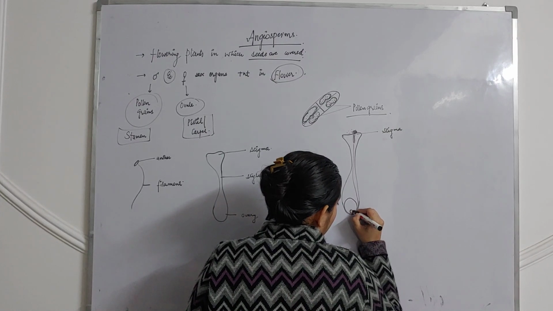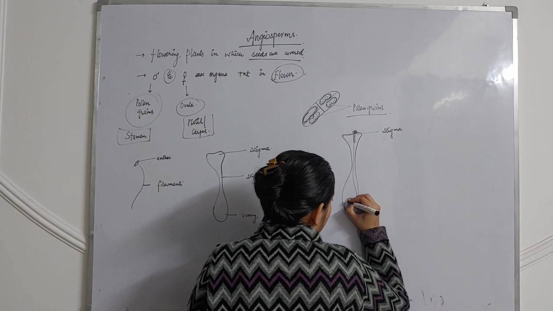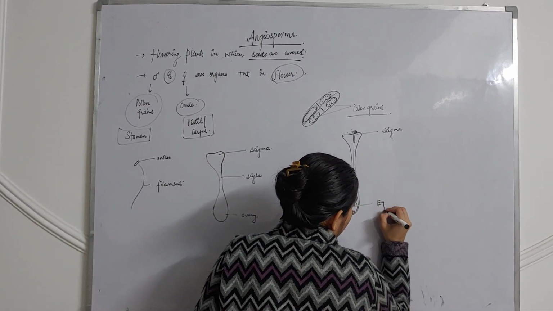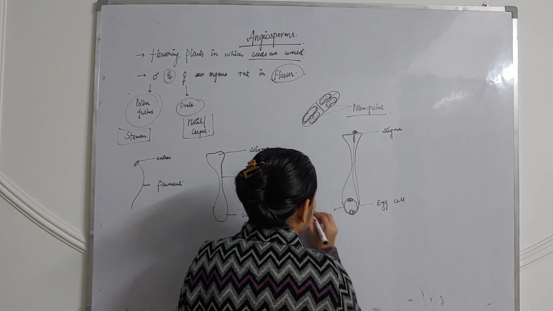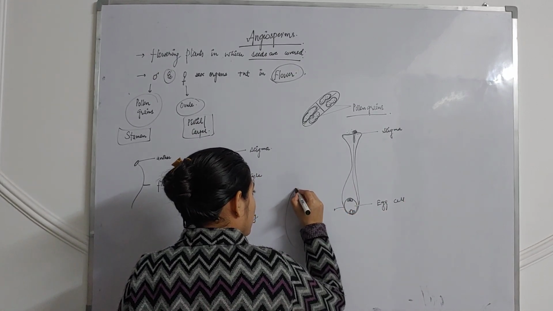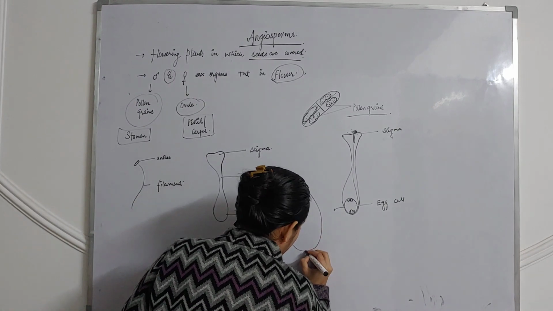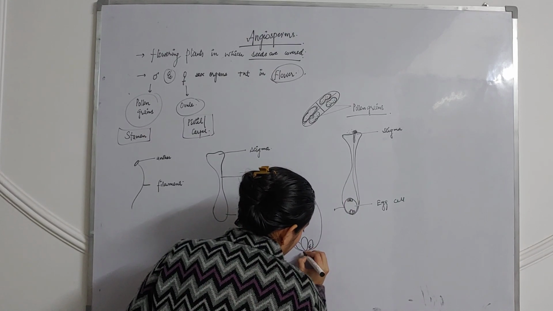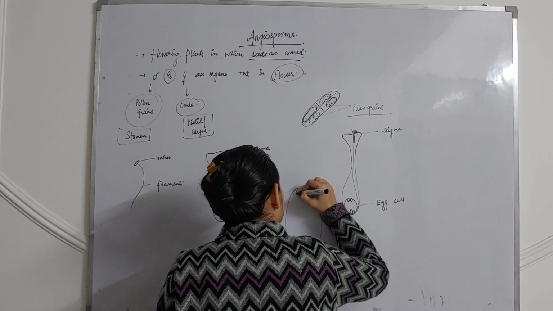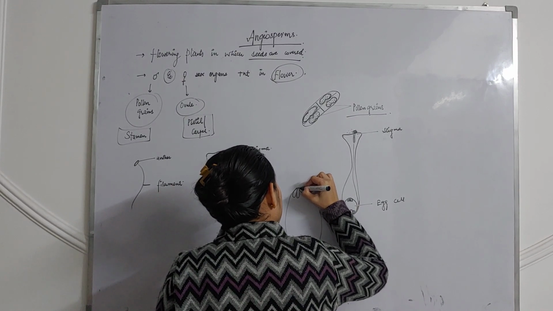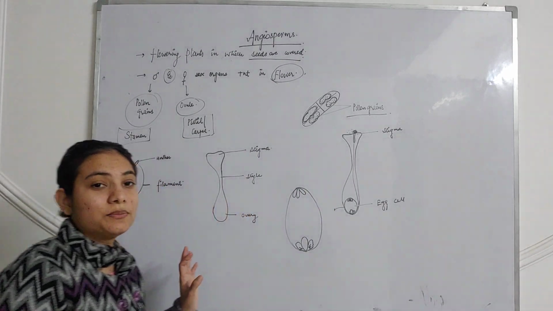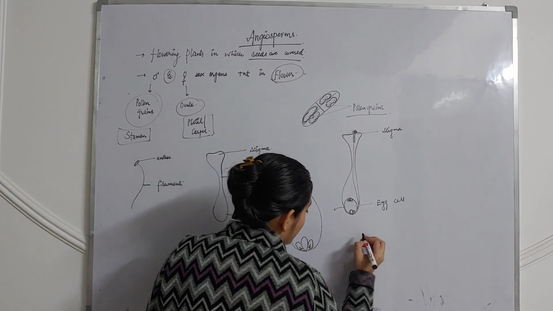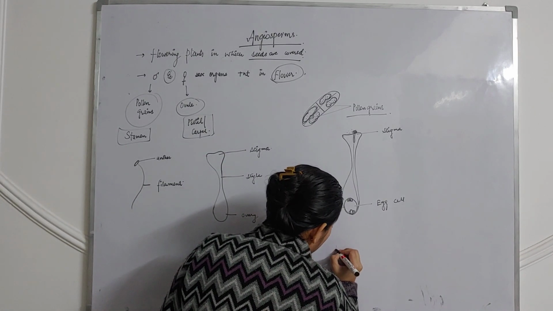Here is the egg apparatus: the egg cell, 2 synergids, and 3 antipodals are present. Here is a large view of it. All cells present here are haploid in nature, which means all cells are haploid.